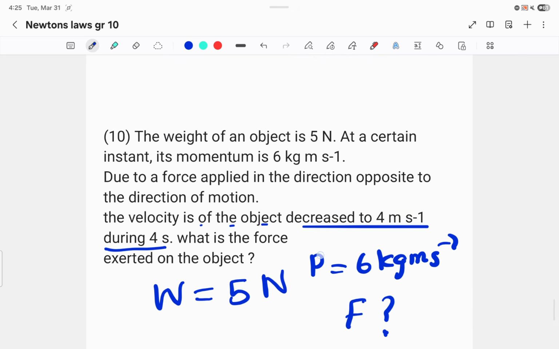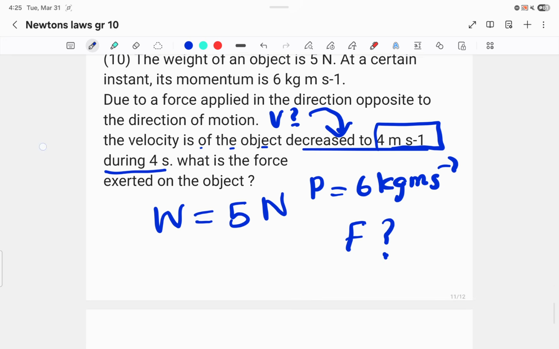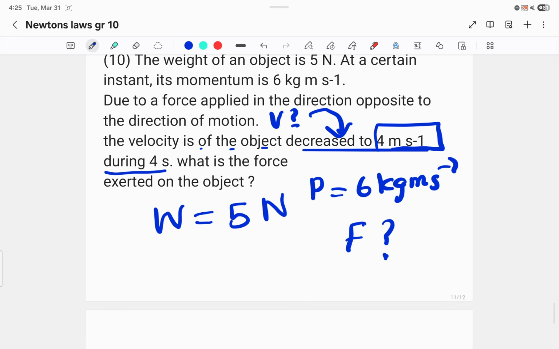We don't know the beginning velocity, but they are telling it is decreased to 4 meters per second. As this is the last question, it is something logical and you have to think a lot more than for the questions we already did. So if you want to try, you can pause the video and think. It's better than just looking at this.